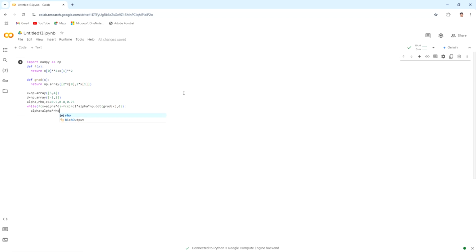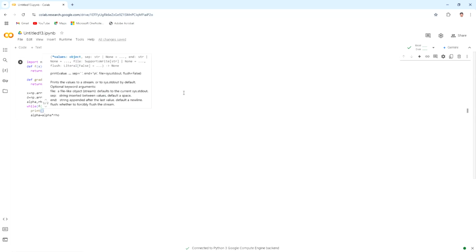But before that, I also want the values printed, right. So, I will print the values, without the format specifiers for now. What are the values I want? I want the values of alpha, which keeps on changing, and these two.